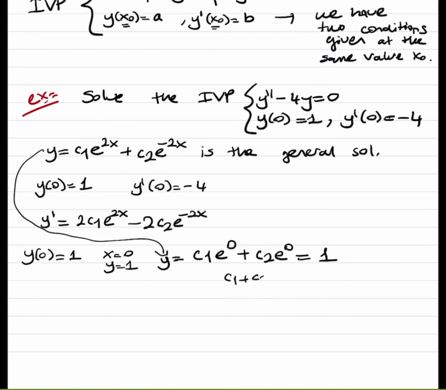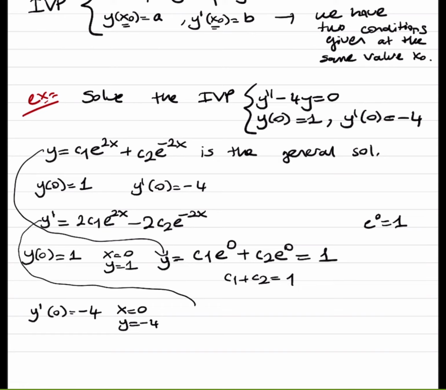So c1 plus c2 is equal to 1, because e to the power 0 is equal to 1. And what about y prime of 0 is equal to minus 4? When we put x is equal to 0, y prime must be minus 4. So y prime is 2c1 e to the power 0 minus 2c2 e to the power 0 is equal to minus 4. So we have 2c1 minus 2c2 is equal to minus 4.